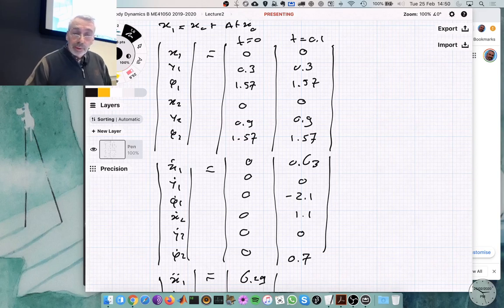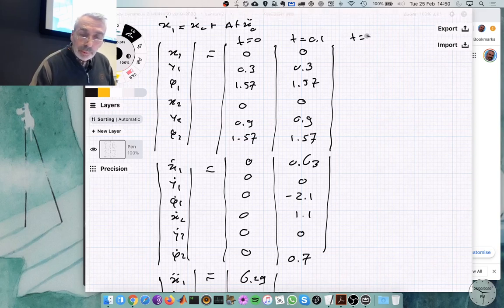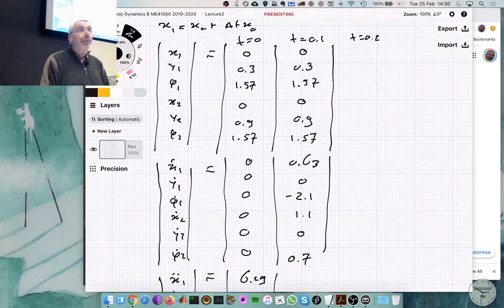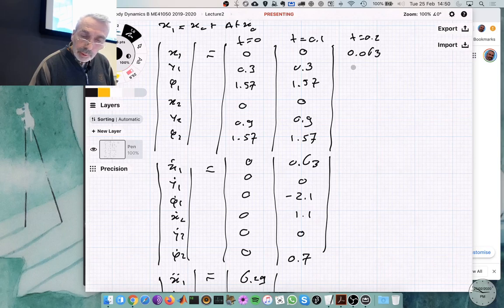So let's take a next step. We go to 0.2, so again an increment of 1 over 10. And now we see that these coordinates will change because we have finite speeds here. So the coordinates become 0.063. This remains the same. This becomes minus 1.55, that's a plus, sorry.